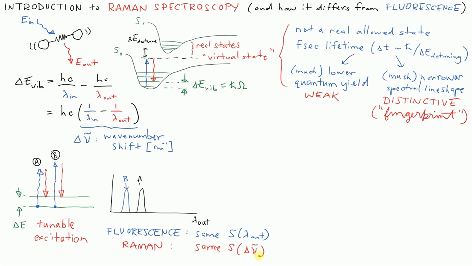And what I mean by that is that if you take this data and you replot it, not as a function of lambda out, but as a function of 1 over lambda of the laser minus 1 over lambda of the output photon, you would then get the A peak would show up like that, and the B peak would look exactly the same.